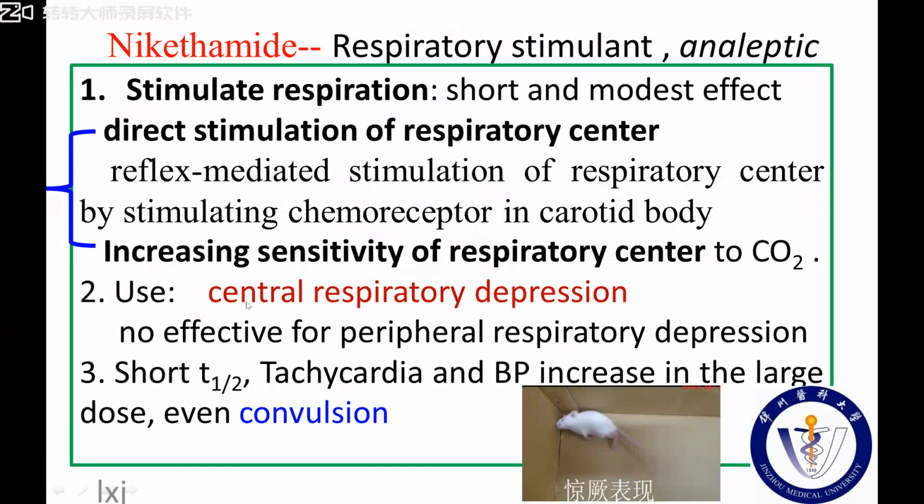And when this drug is administered by different administration routes at the same dose, the amount of the drug absorbed into the blood may be different. So the drug will show different stimulant effects on the CNS. If it is not enough to show convulsion, maybe the mice will jump.